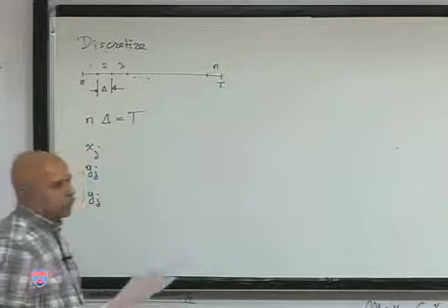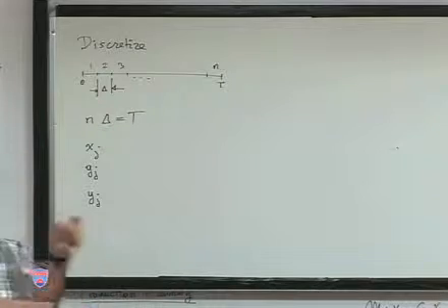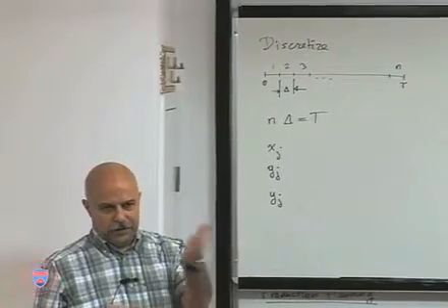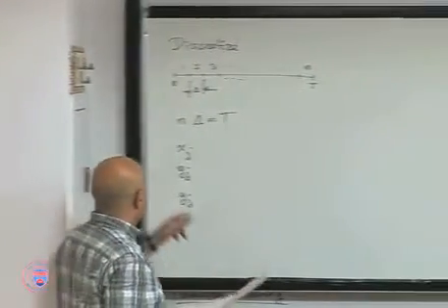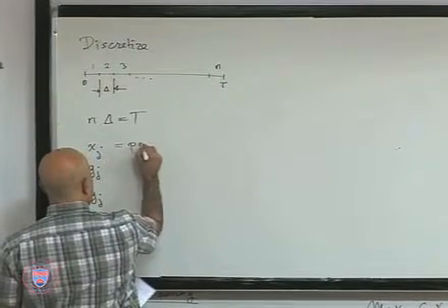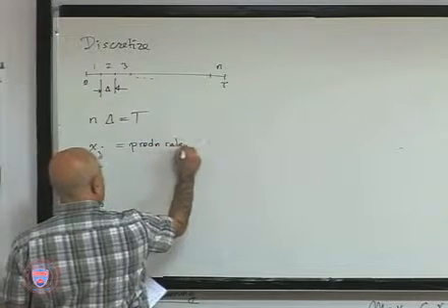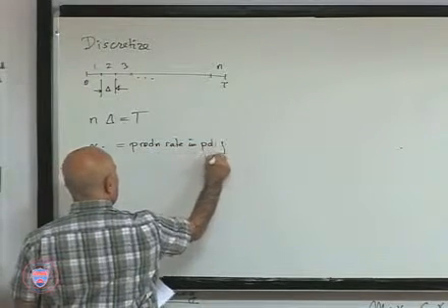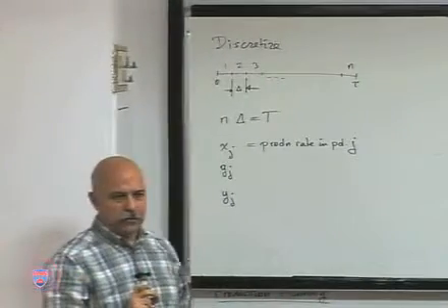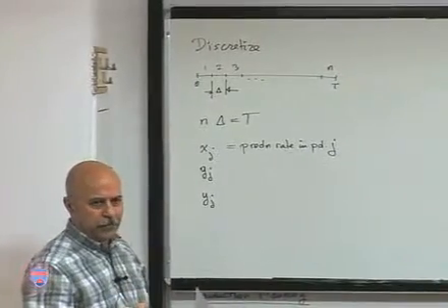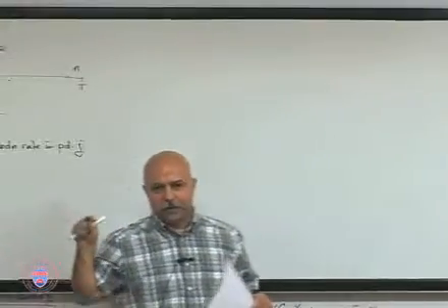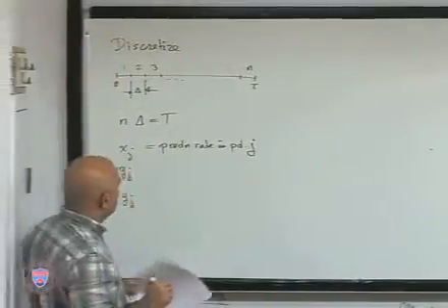And I'm going to assume that things are pretty much constant within each period. So xj will be the production rate in period j. So we produce a constant amount during the jth period, whatever xj happens to be. Whereas in the continuous version, it could be changing within the period itself.